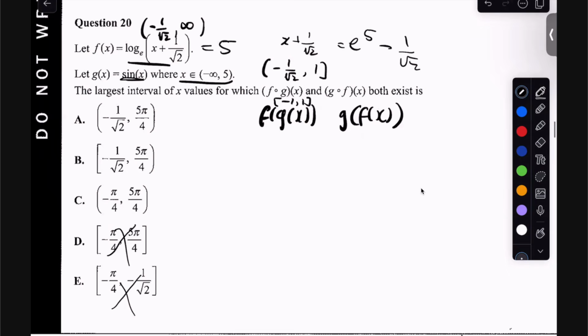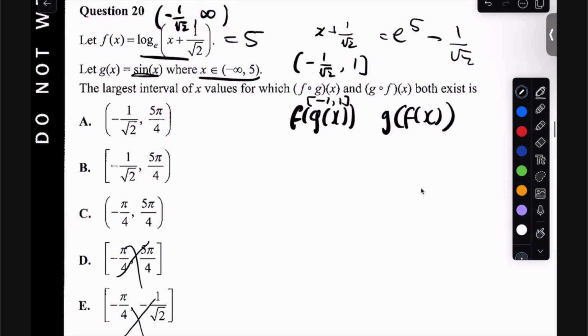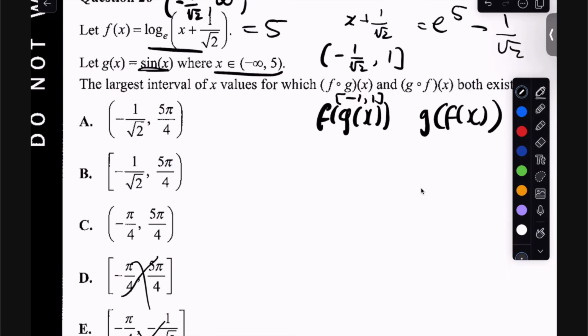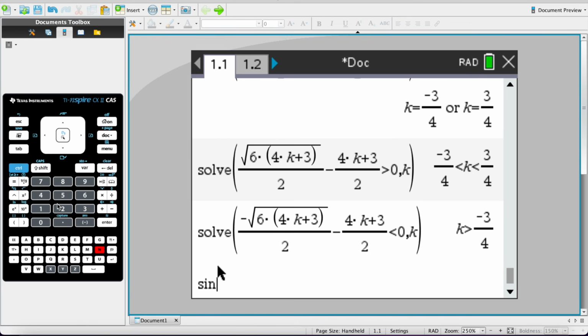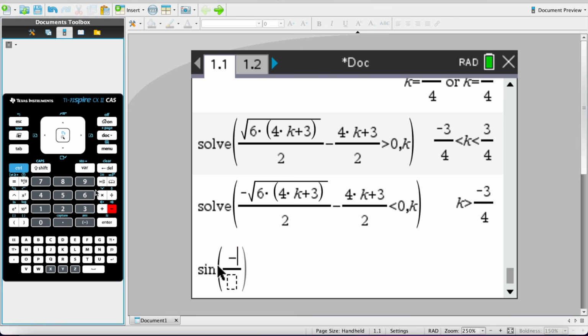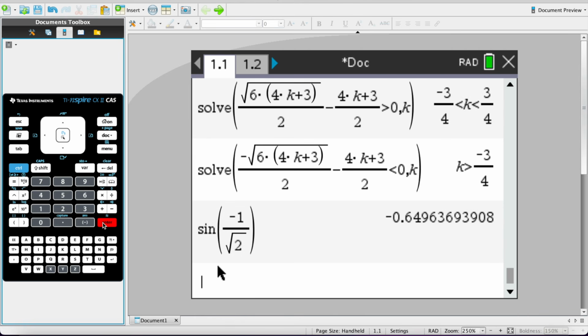Now, which one, I guess, if we have -1 on root 2, is that less than? So what's sine of -1 on root 2? Just approximately, it's -0.64.